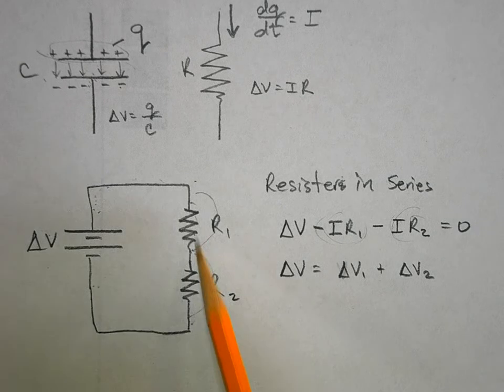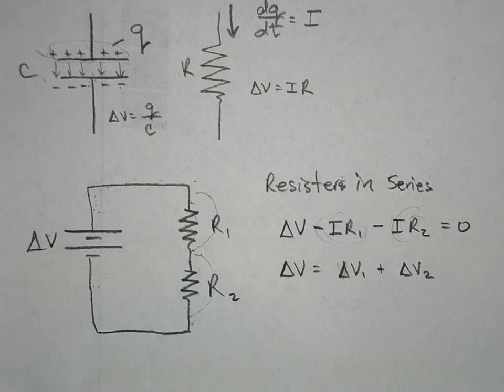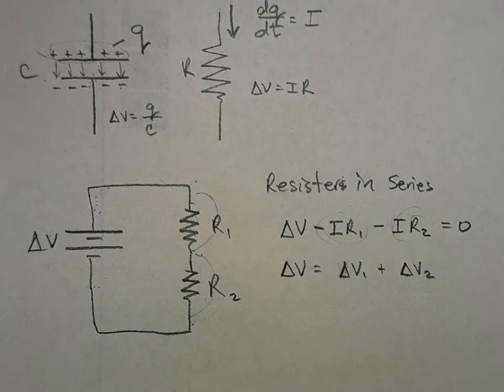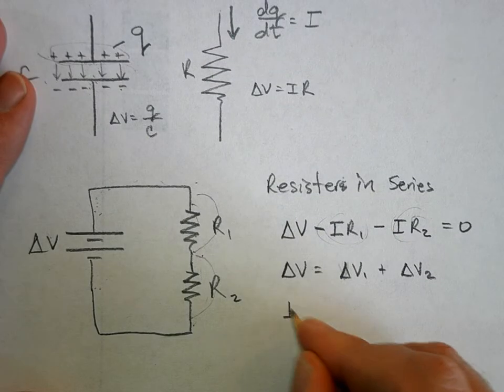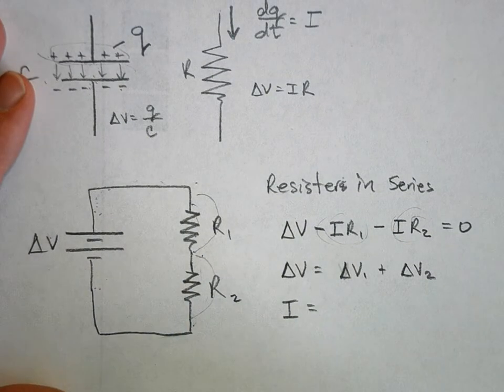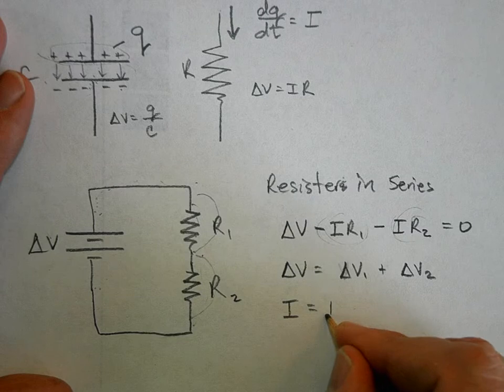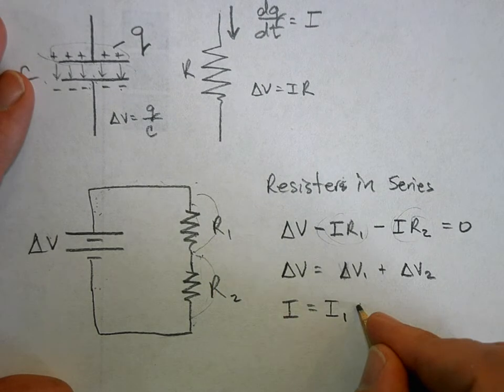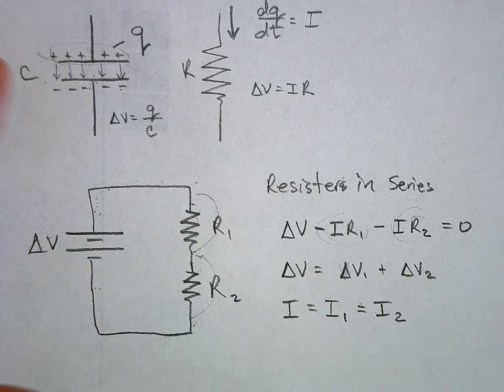Remember when these were capacitors, it was the charge that was the same. But we're dealing with resistors here, so they have current flowing through them. But look, they're in series. They have to have the same charge flowing through them. They have the same current. So the total current delivered to the circuit is equal to the current flowing through this one, and it's equal to the current flowing through this one.